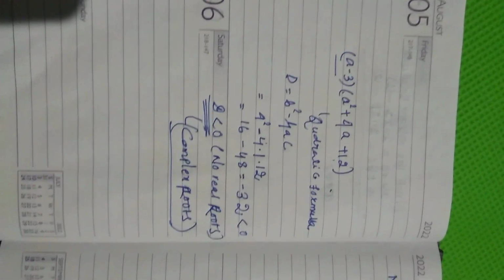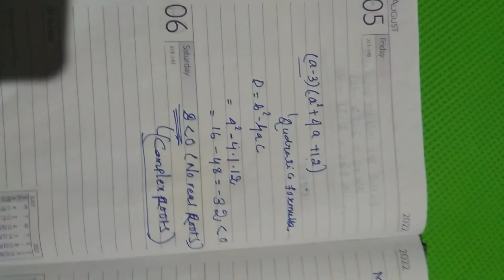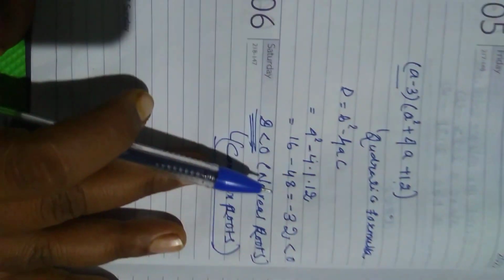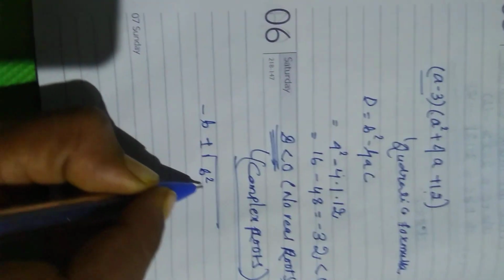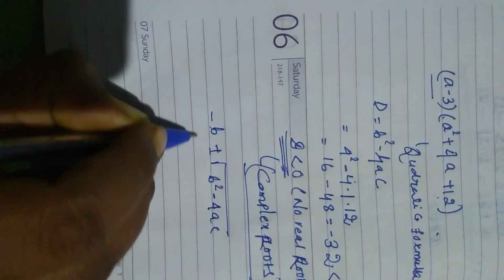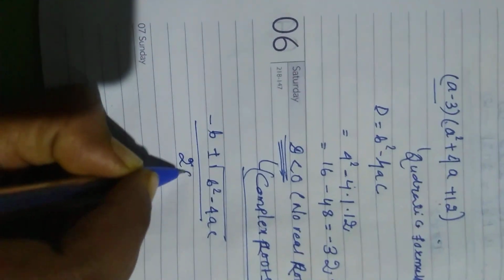Let's find out what those complex roots are. So as you know, what is your quadratic formula? Minus b plus or minus under root of b squared minus 4ac over 2a. I think you've heard that. So what's our b? B is 4.